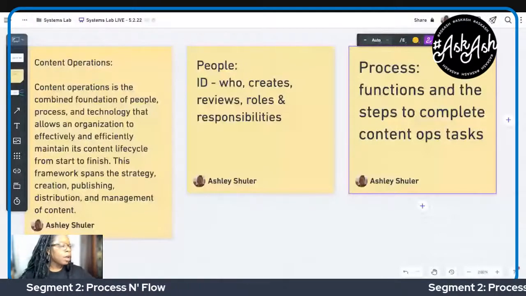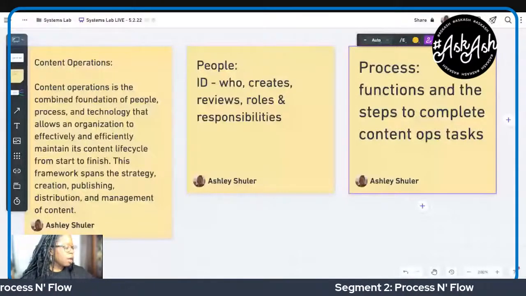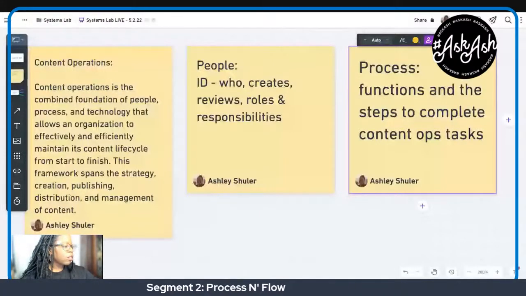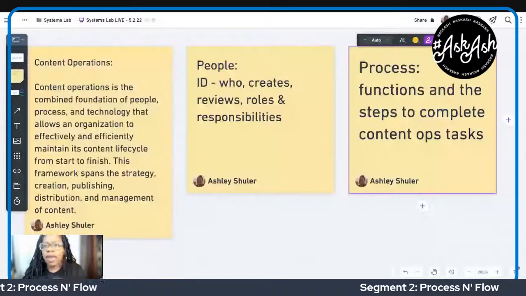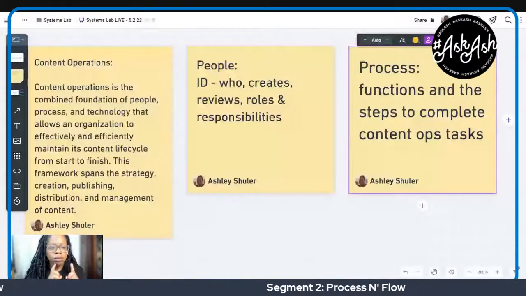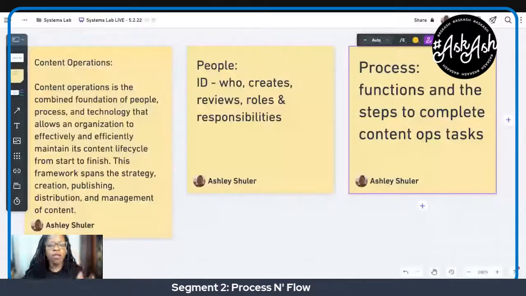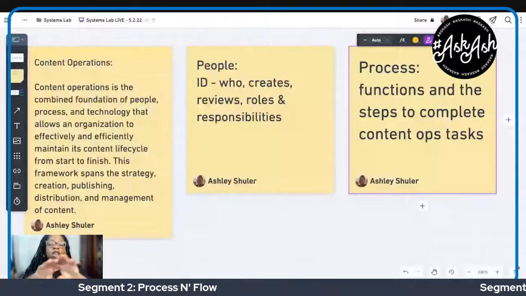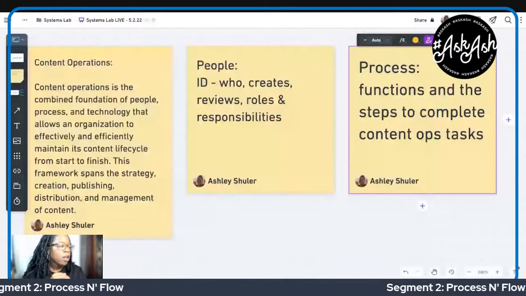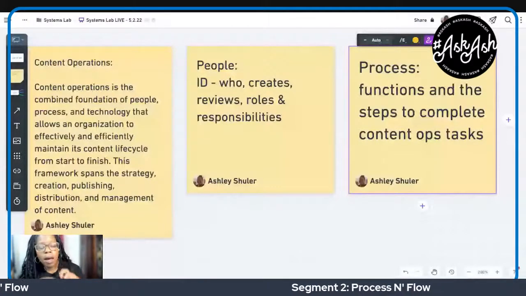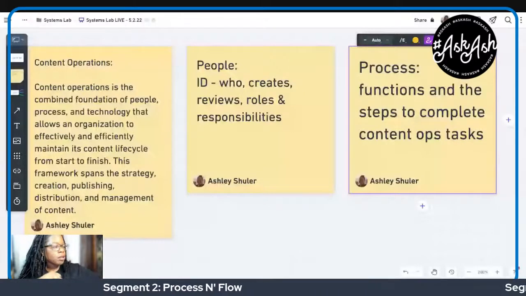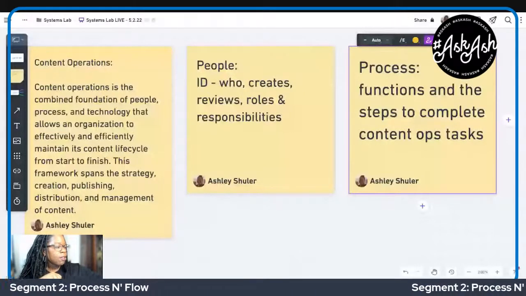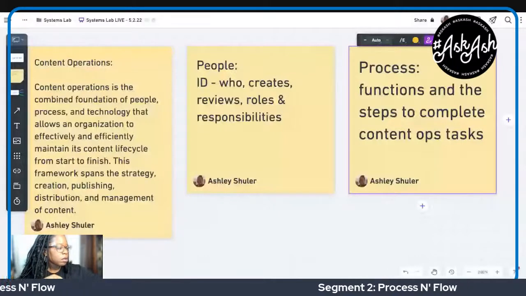I'm going to pull up a note from my Notion too, because I read something, and I also viewed a few videos from HubSpot that had a huge focus on content operations. They talk about the product, the platform, the process, and the player.